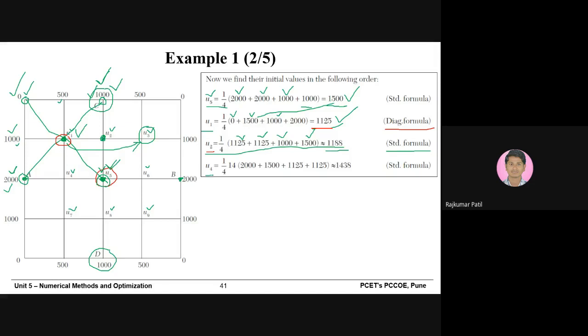Again, similarly, if you want to calculate u4 and check the neighbors, then you can say that all the neighbors are given. 2000, you can put 2000, then 1500, that is u5.